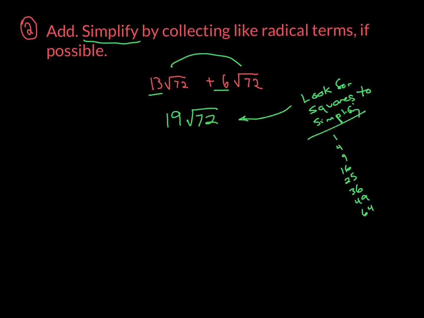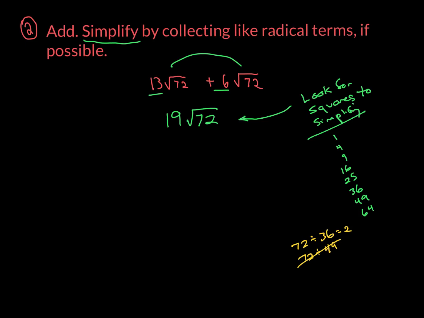So you're looking for one of these that might go into 72, and you can test that out just by dividing it. 72 divided by, let's say, 49, that doesn't work out. 72 divided by 36, and if you do that in your calculator, you get 2.